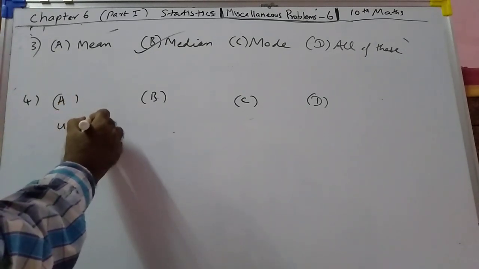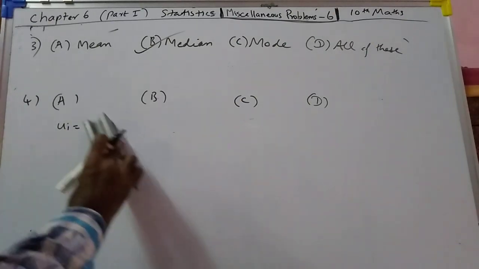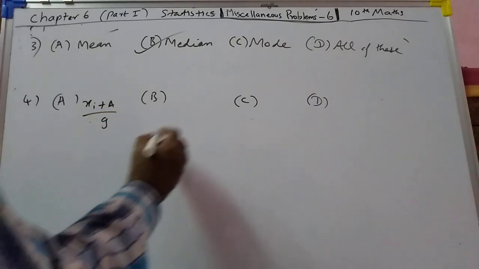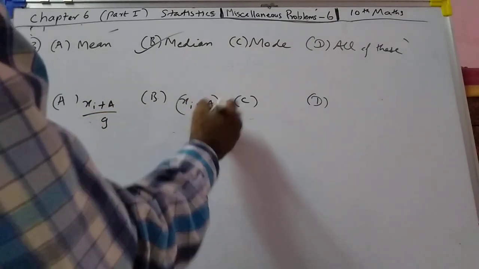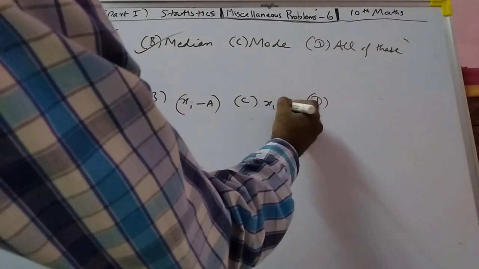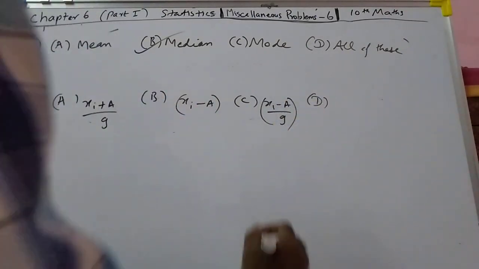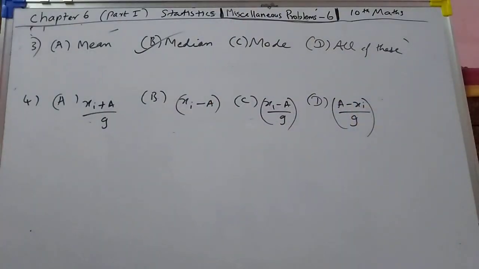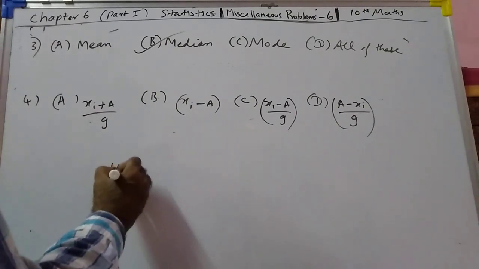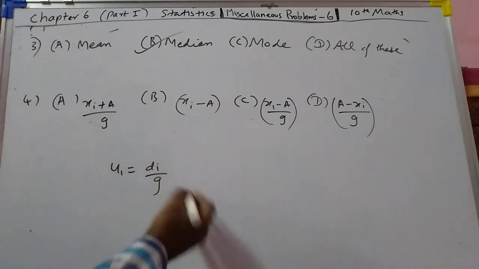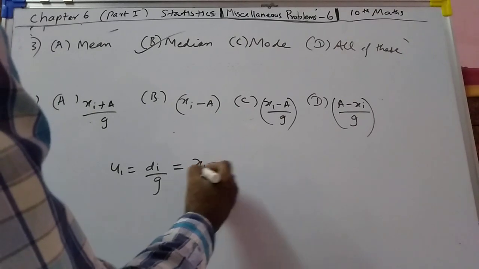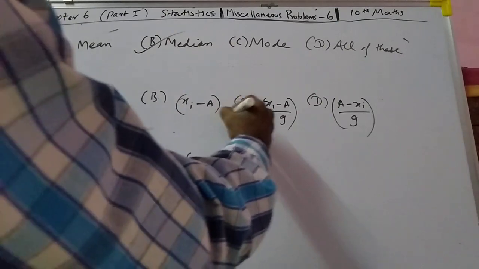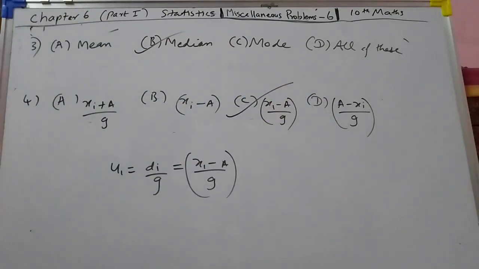We know the formula ui is equal to di upon g, that is equal to xi minus a upon g. That is fitting here. Option C.